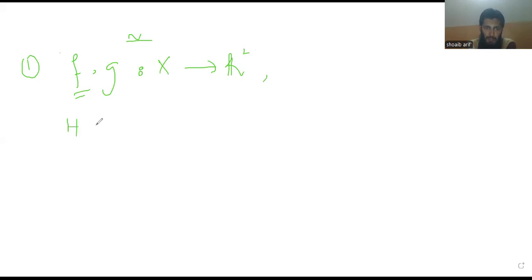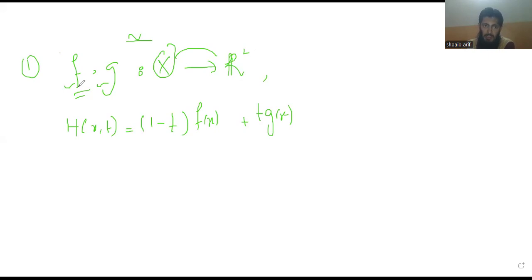How can we write the homotopy when they are homotopic? Such a homotopy H of x comma t is equal to (1 minus t) f of x plus t times g of x, where f and g are continuous maps from X to R2.